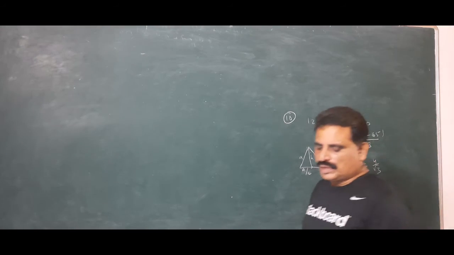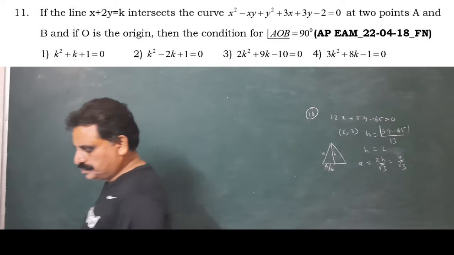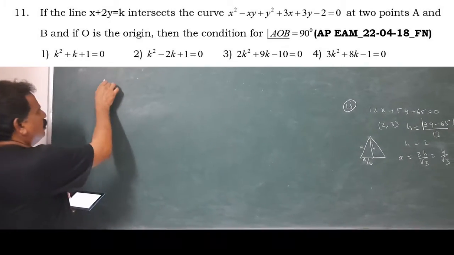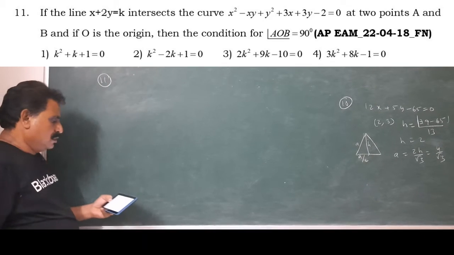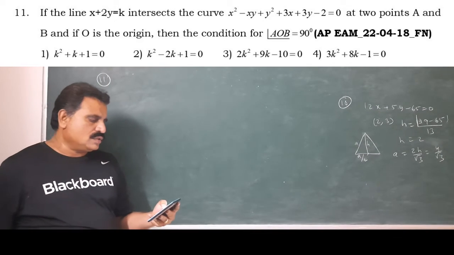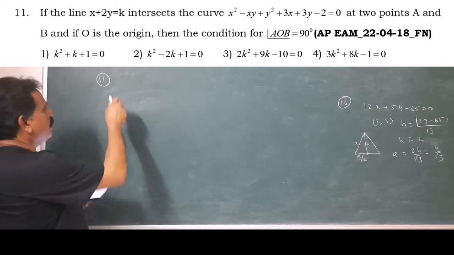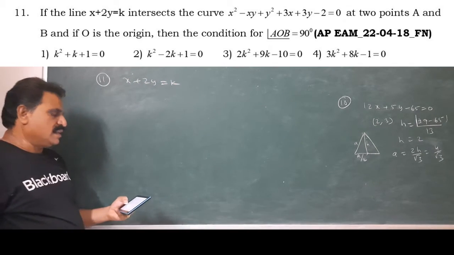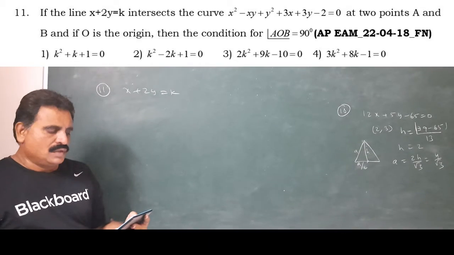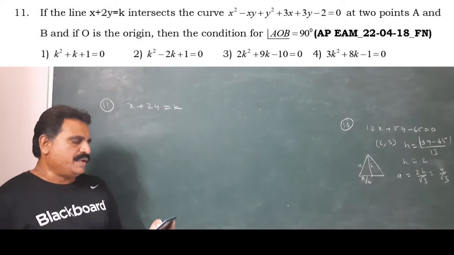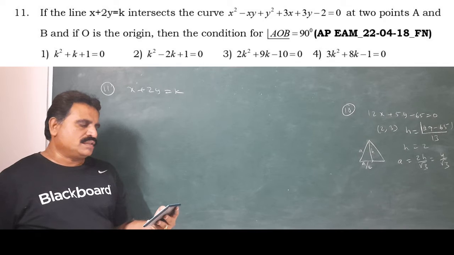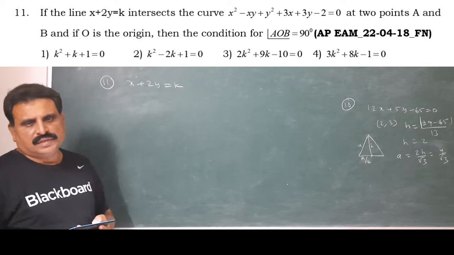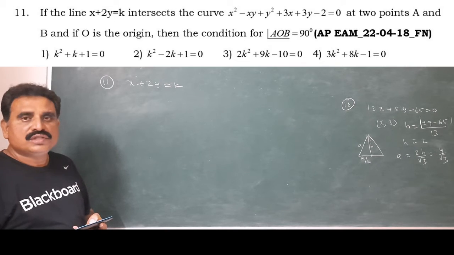Now question number 11. If the line x plus 2y equal to k intersects the curve at 2 points A and B, and O is the origin, then the condition for angle AOB to be 90 degrees. It belongs to homogenization.